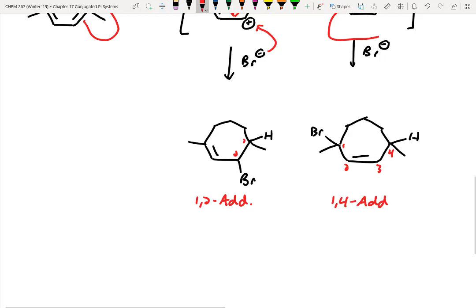All right, which one's our thermodynamic product? The left or the right? Why the left one? More substituted. Because it has a more substituted alkene, it must be our thermodynamic product.